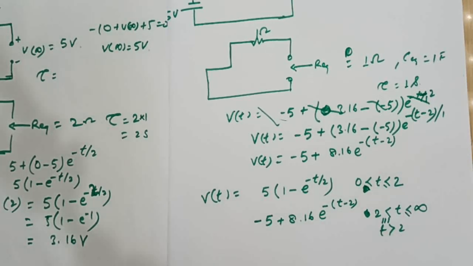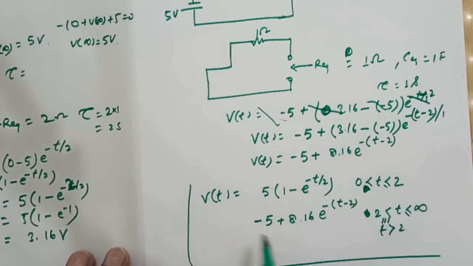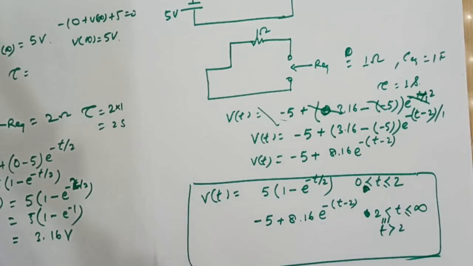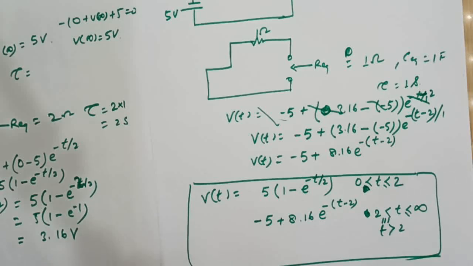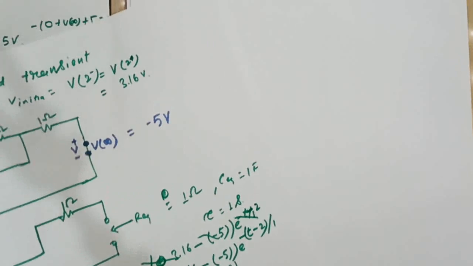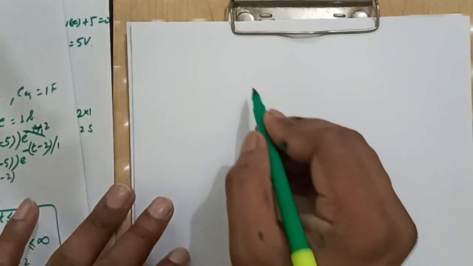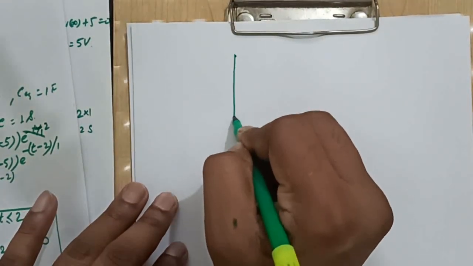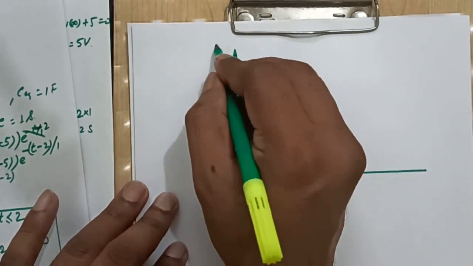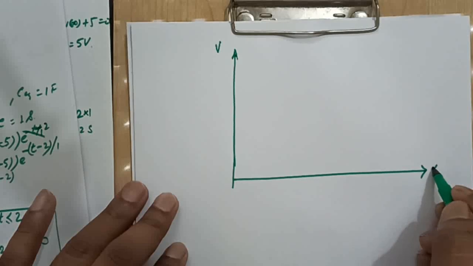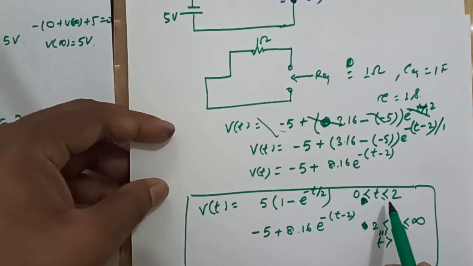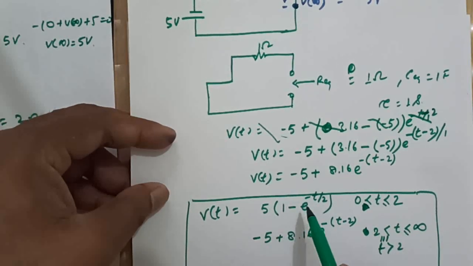Clear? So this was the complete expression for voltage for this circuit. Now if we try to draw it, how will it look? See, this is V, this is T. For 0 to 2, this will be the expression.